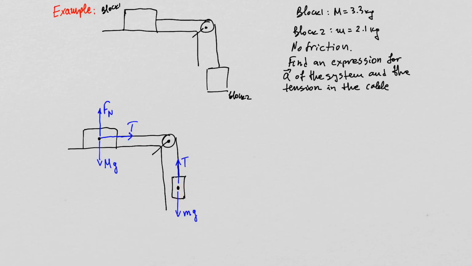So that means that I can apply Newton's second law for each object in the system separately, and then solve this system of two equations, the second law for block number 1 and the second law for block number 2, and from that I can find the expressions for the acceleration and then for the tension in the cable.